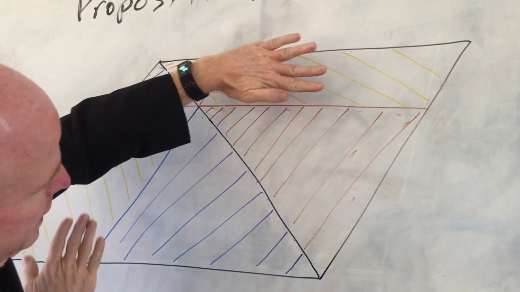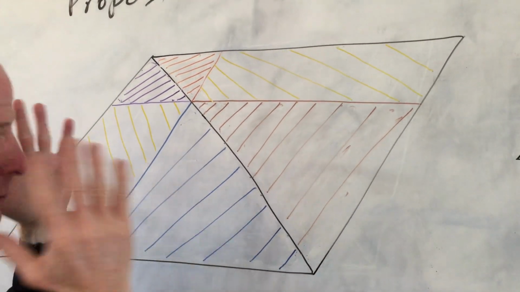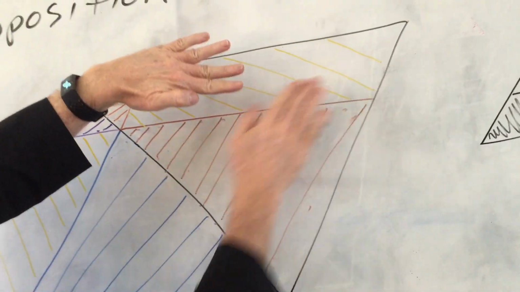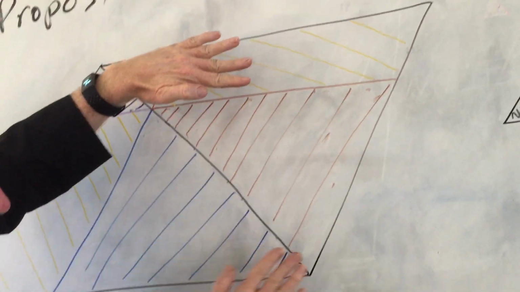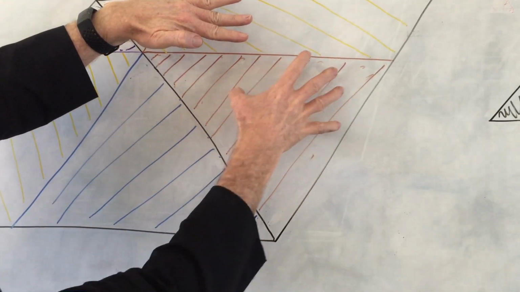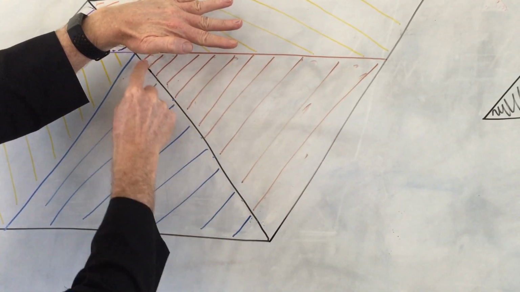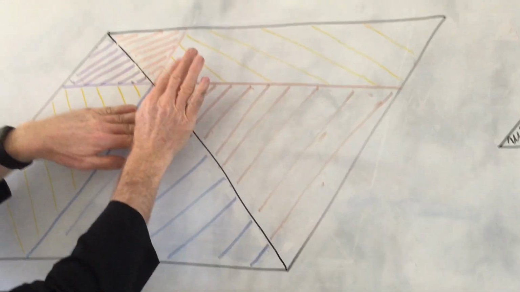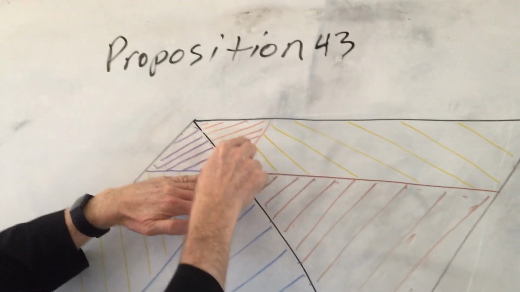Now, let's abstract. The trick to this proposition is to be able to, with your intellect, your imagination, just look at this little parallelogram, okay? And this diameter. We know that this is equal to this because the diameter bisects the parallelogram. Great. Now let's look at this little parallelogram, okay?